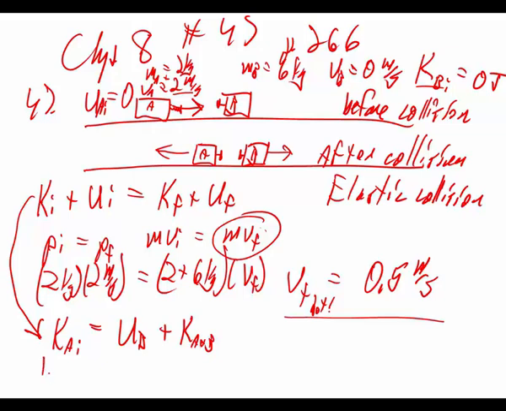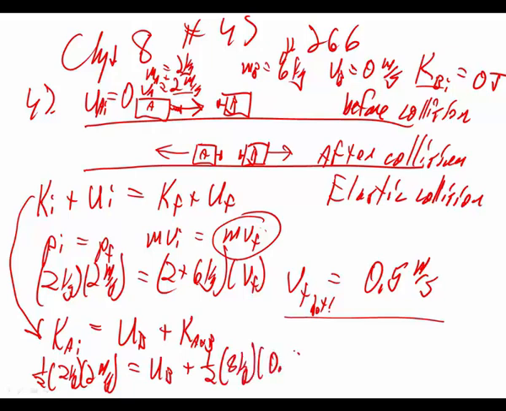So we got 1/2 times 2 kilograms times 2 meters per second squared is equal to, well, U B we don't know. That's unknown. That's what we're looking for. Plus 1/2, and I'm going to add both masses. 8 kilograms times our velocity, 0.5 meters per second squared.